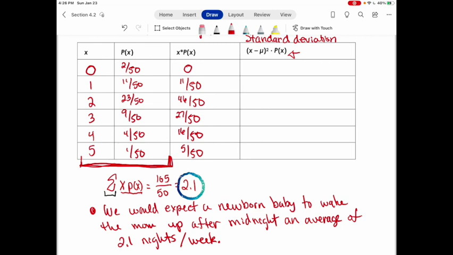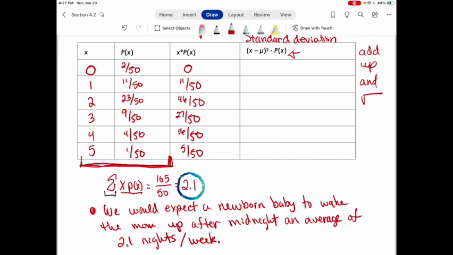So that's this formula here. Then after you do that, you're going to add all those values up and take the square root. So let's do this step first, and then I'll write off to the side. Then we add them up and take the square root. That's what we would do next.